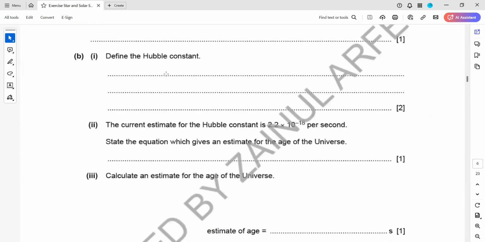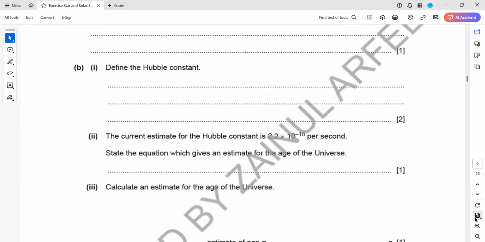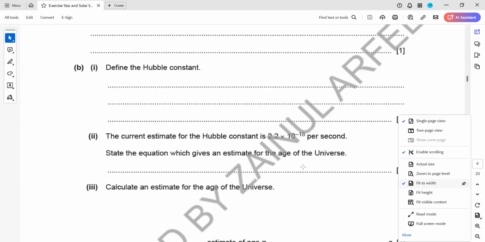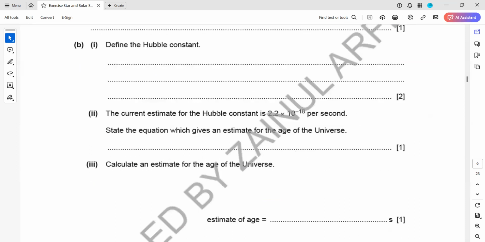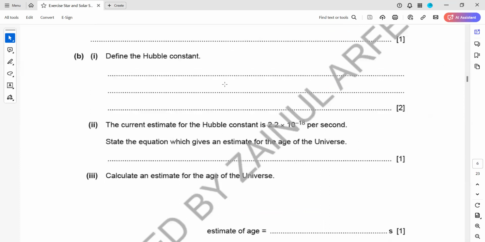One divided by the Hubble constant. Part B2. The equation, yes, that's right. If we need the age of the universe, we just did that derivation. So the age of the universe is 1 over the Hubble constant. How can we estimate the age of the universe in seconds?